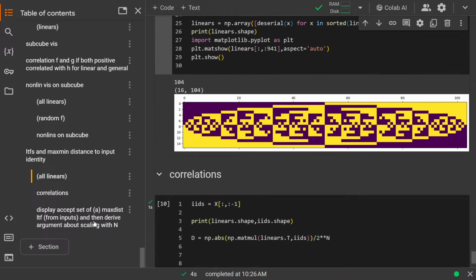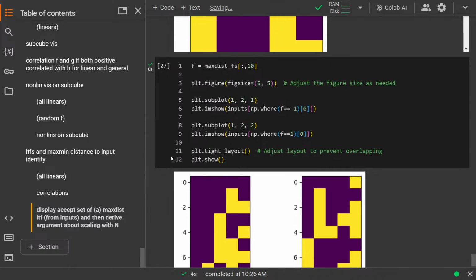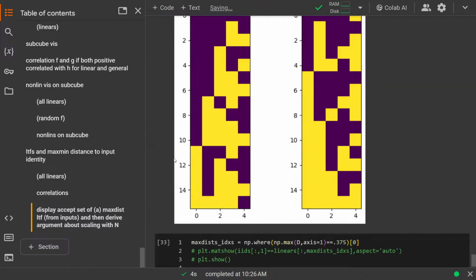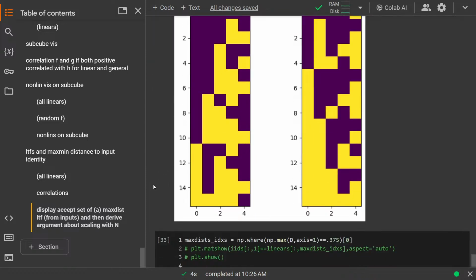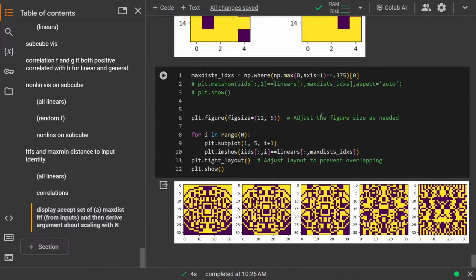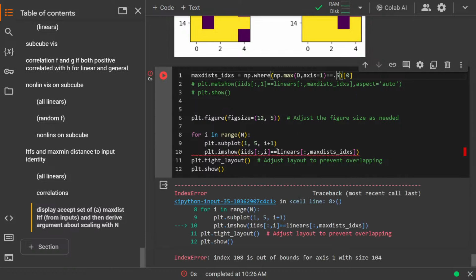Okay, n equals 4, and then I think we wanted to go here, except this has to say 5.5. And that needs to be in.